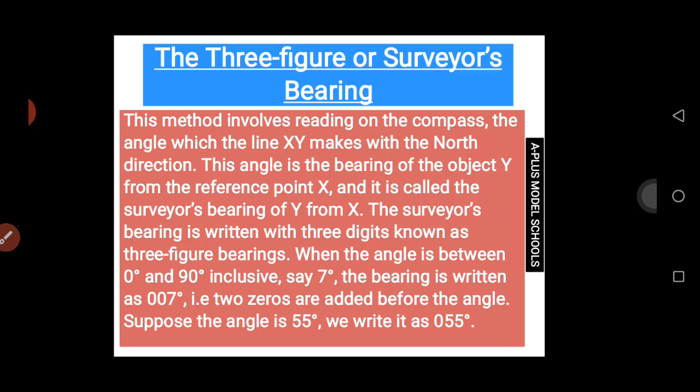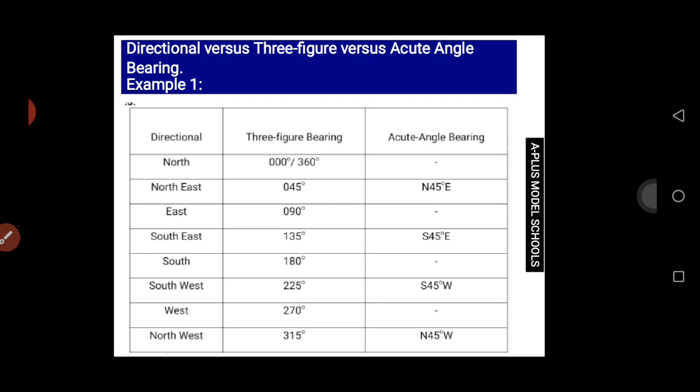Don't forget, under acute angle bearing, the angles are less than 90 degrees. But under 3 figure bearing, once the angle is less than 90, you add a digit to it to make it a 3-digit bearing.